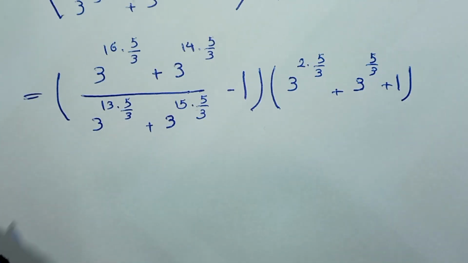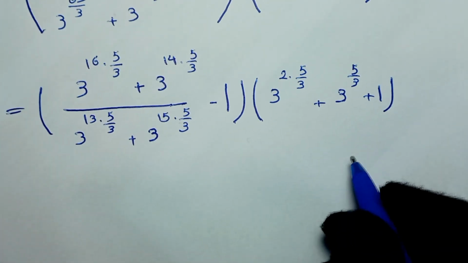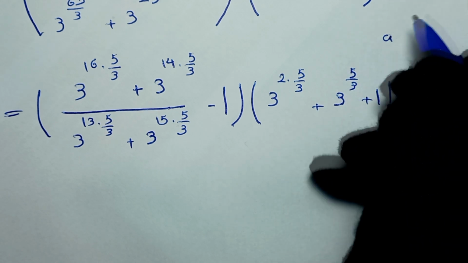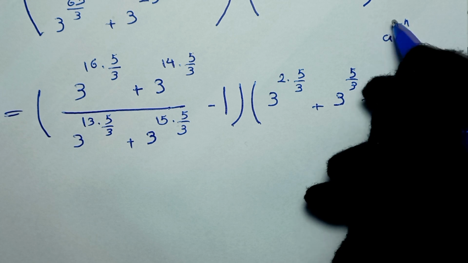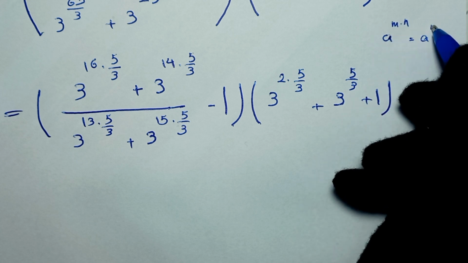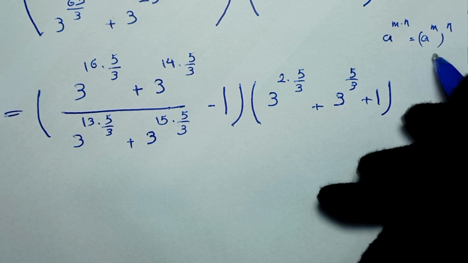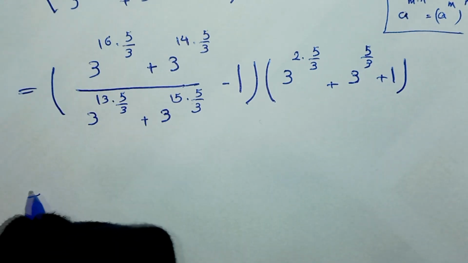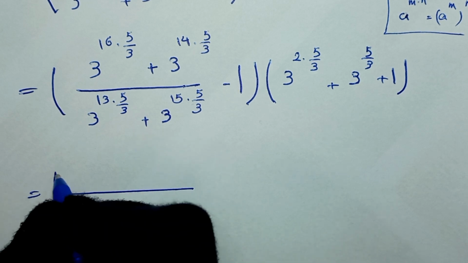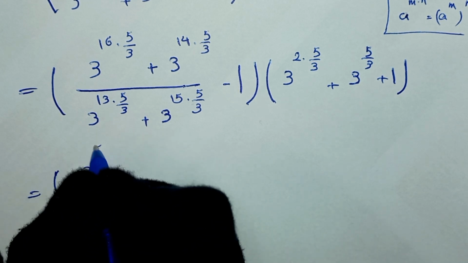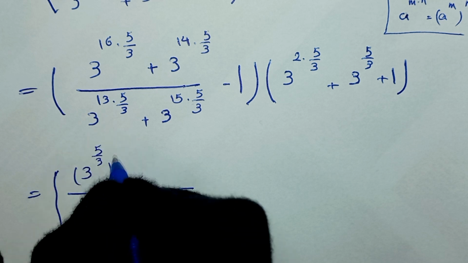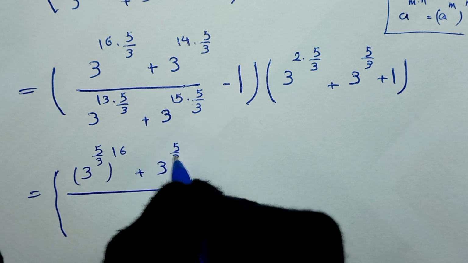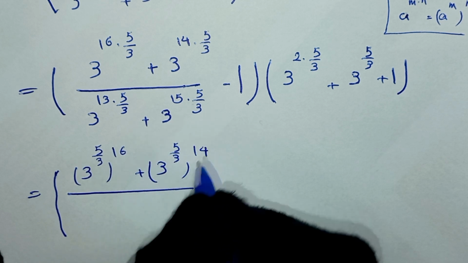So, from the exponential rule, if we have a to the power of m times n, we can write this as a to the power of m, to the power of n. So, in here, we can write this as 3 to the power of 5 over 3, to the power of 16. Also, for this, 3 to the power of 5 over 3 to the power of 14.